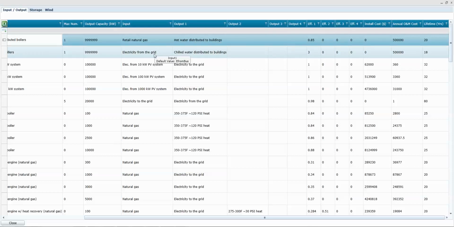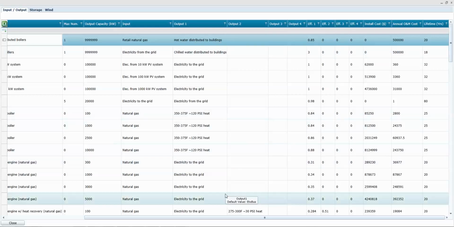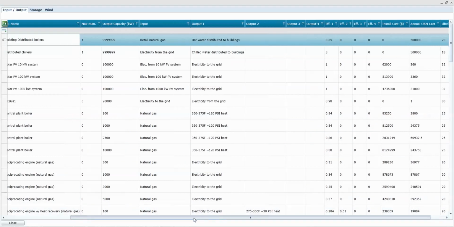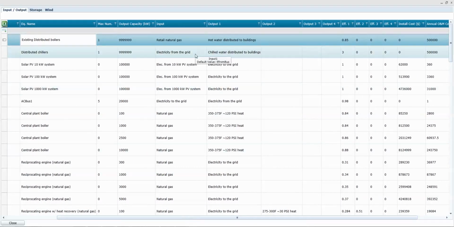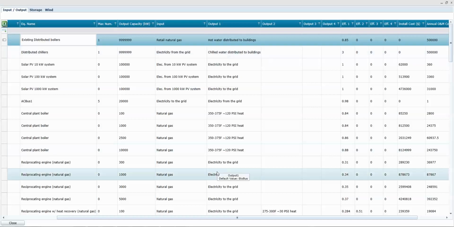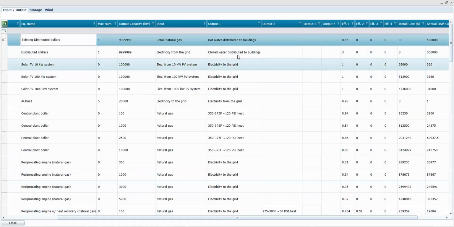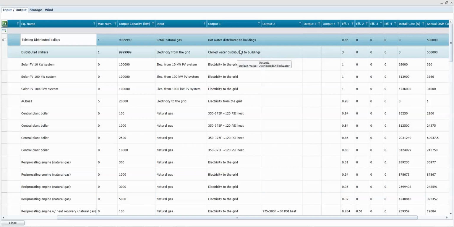And then similarly, the chillers, if we scan to the left, the second line is related to distributed chillers. They're going to take in electricity from the grid, and really that's going to be from our AC bus. We could be working with renewables or something else, but this is basically saying that we're taking in electricity and putting out chilled water that's distributed to the buildings. Now, this longer term is just to differentiate.